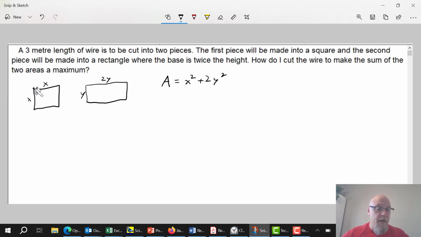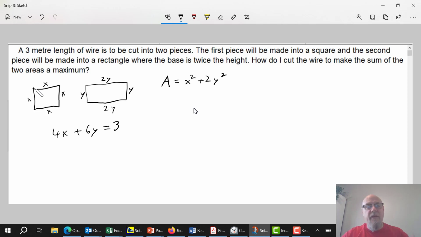So all the way along here, x, x, x, x, plus 2y plus y plus 2y plus y, the total perimeter of both shapes has to be 3 meters. So 4x for the square and 6y for the rectangle has to equal 3. That's my constraint.